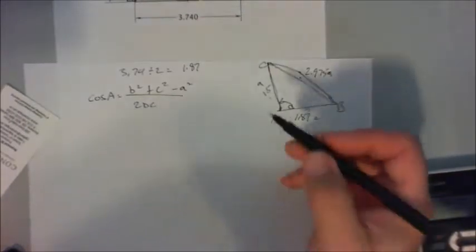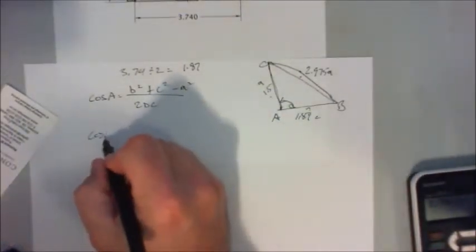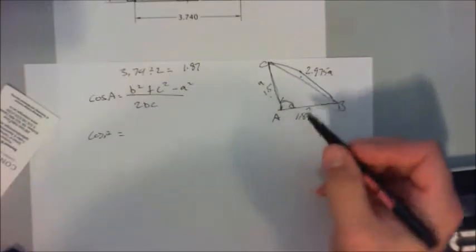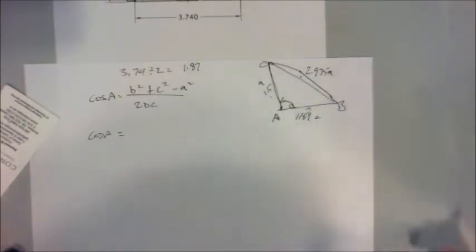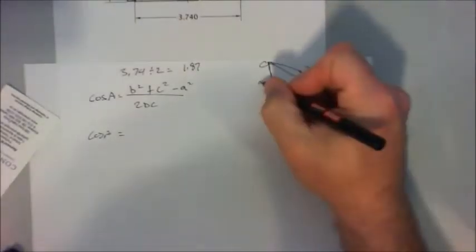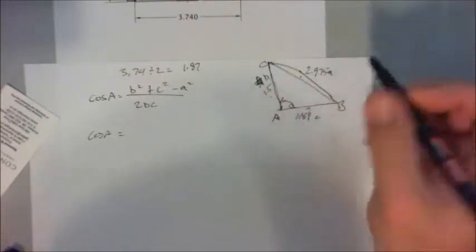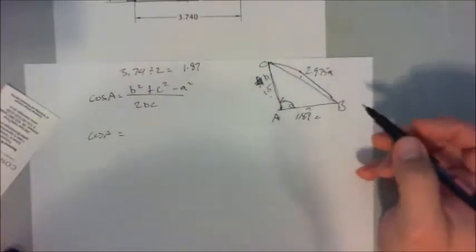Okay, so let's fill in. Cos A. B is going to be 1.5.